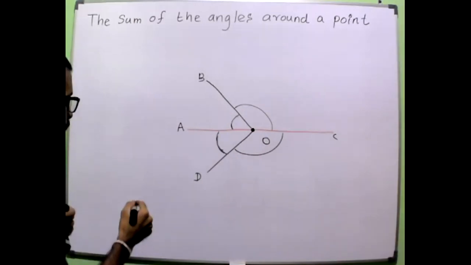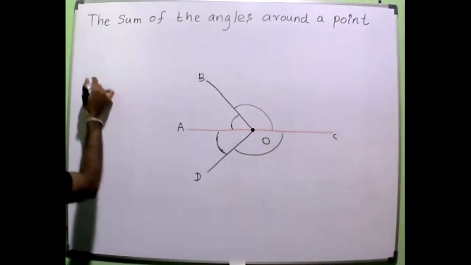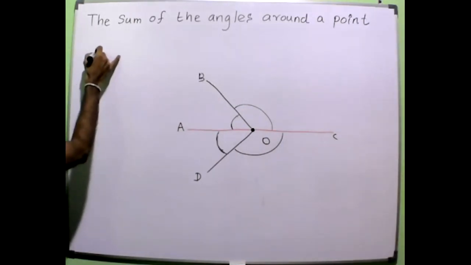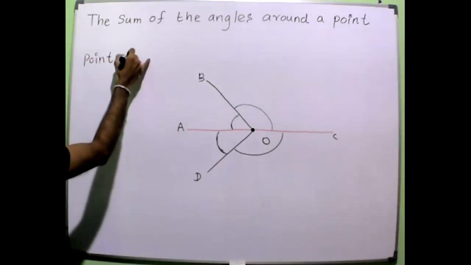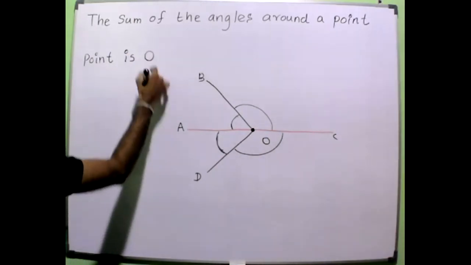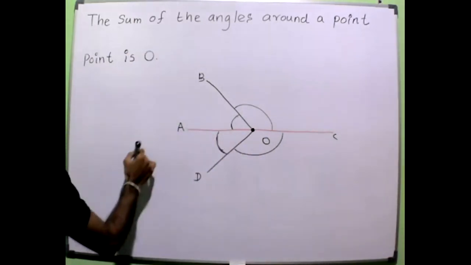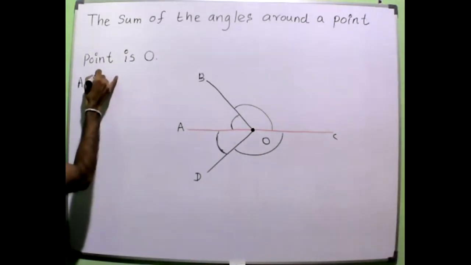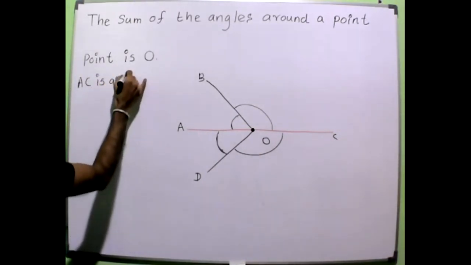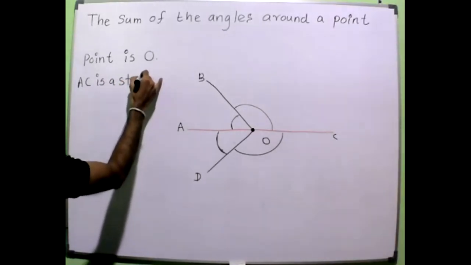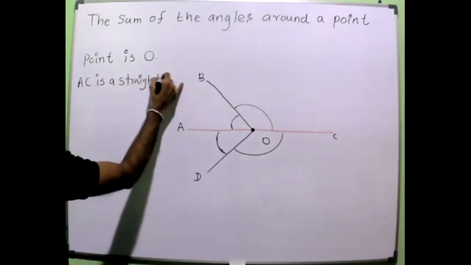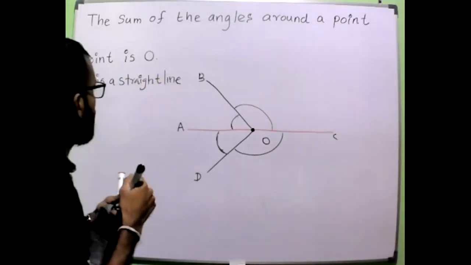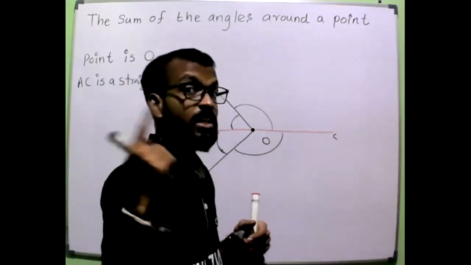Now in this figure, I will write: point is O, and AC is a straight line. Straight line, right? Now keep that in your mind.